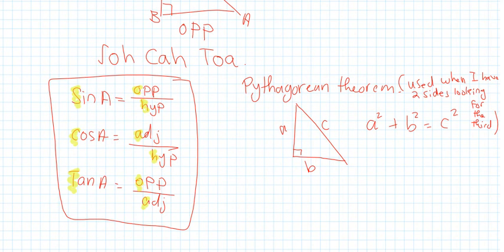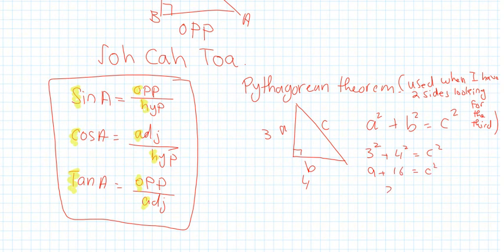Now, if I have side A and side B, I can just plug them in the formula and solve for C. So let's say A is 3 and B is 4, and I'm asked to solve for side C. It's as simple as 3 squared plus 4 squared equals C squared. So that's 9 plus 16 equals C squared, so 25 equals C squared.